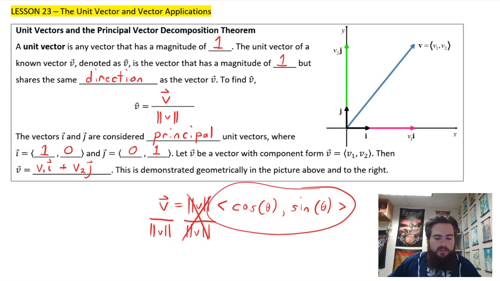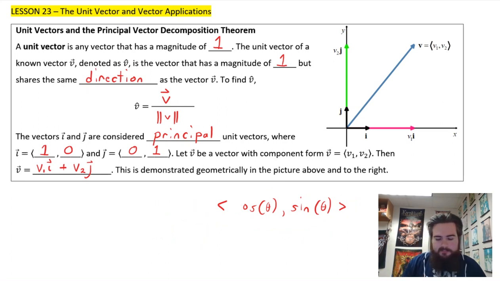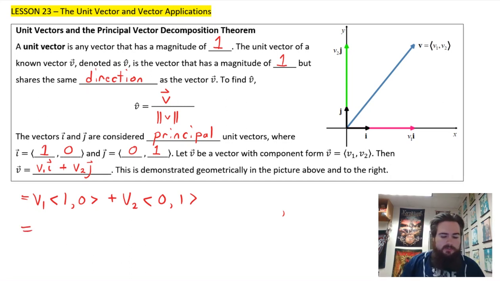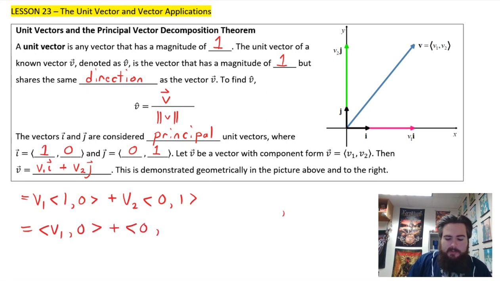If you think about what this would look like then, mathematically, this would be taking v1 and multiplying it by the vector 1, 0, plus v2 times the vector 0, 1. If we distribute those scalars into each of those principal unit vectors, we will get v1, 0 plus 0, v2.